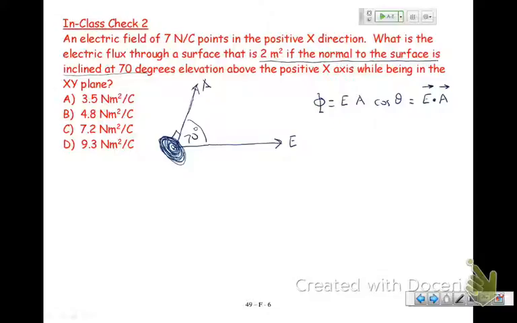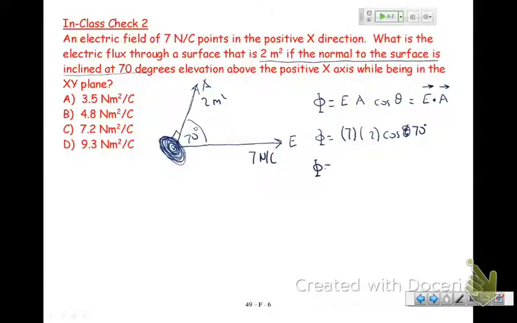So then I say, well, okay, my flux is equal to, what was the magnitude of E? My magnitude of E was 7 newtons per coulomb. That's 7. And my magnitude of A was 2 square meters. That's 2. And then it's going to be cosine of the angle between, which is cosine of 70 degrees.